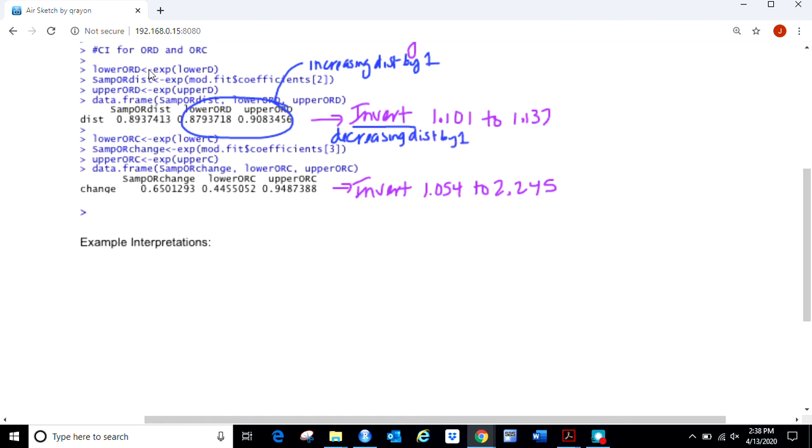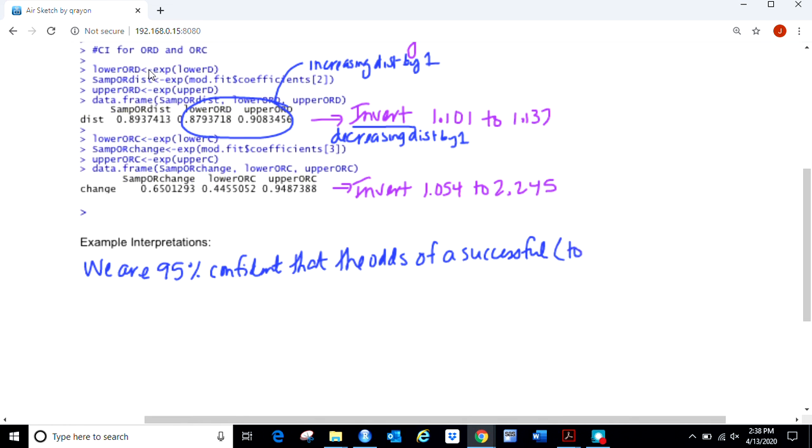That's what inverting it is going to do to my interpretation. All right, so we are 95% confident that the odds of a successful place kick to unsuccessful, since those were our only options.